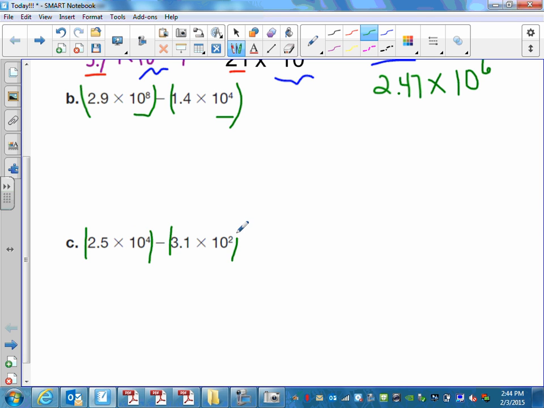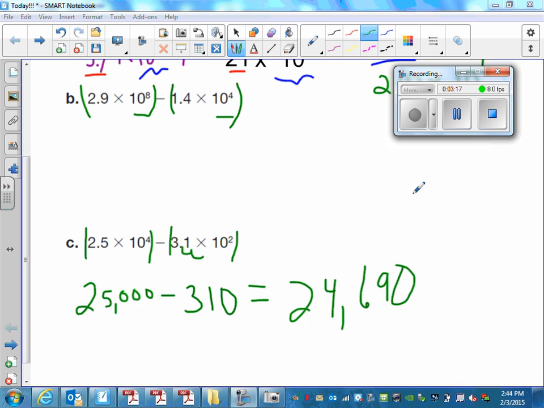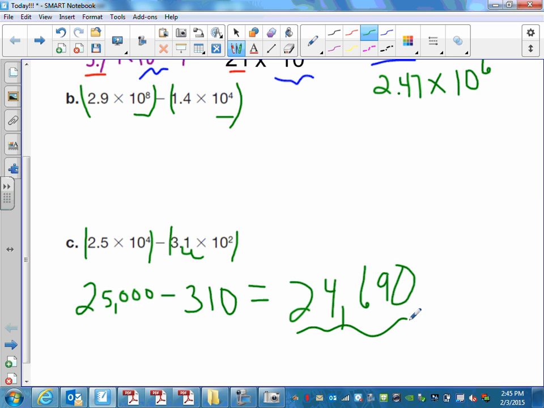So if you look down here on C, this would be 25,000 minus 310. 25,000 minus 310 is 24,690. So if you do just the math and write it out, you have to answer in scientific notation.